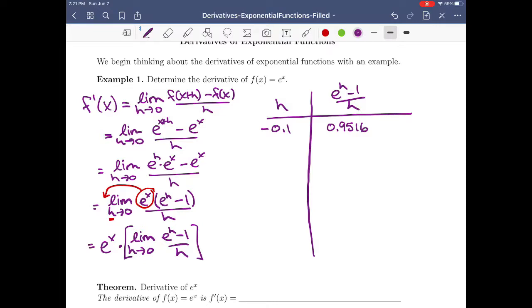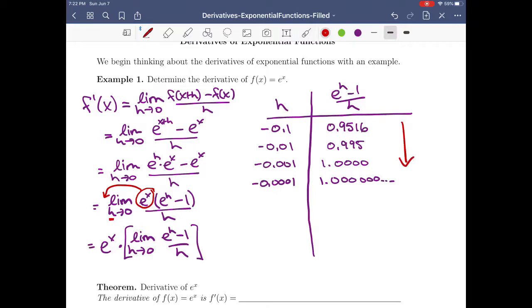If you do negative 0.01, you get 0.995. For negative 0.001, you get 1 point and then four zeros before other digits. If I get even closer, I get even more zeros. So it seems like as we get closer and closer to 0, we are approaching 1.